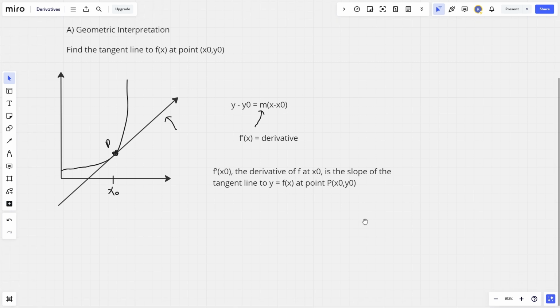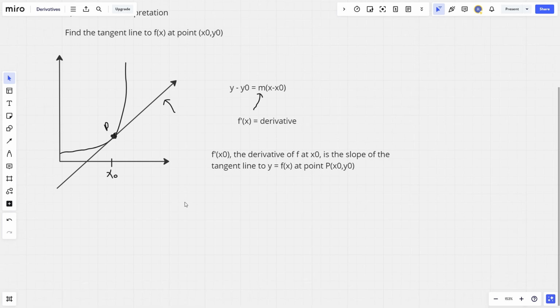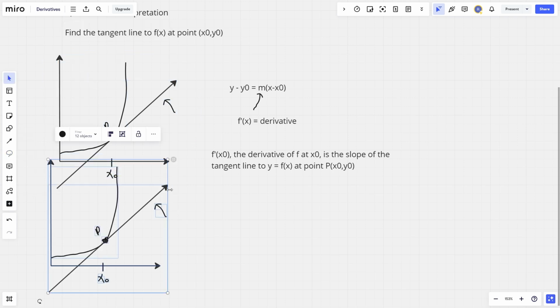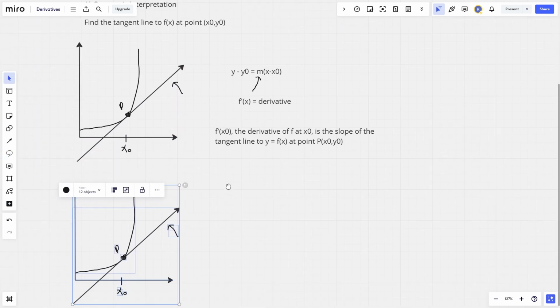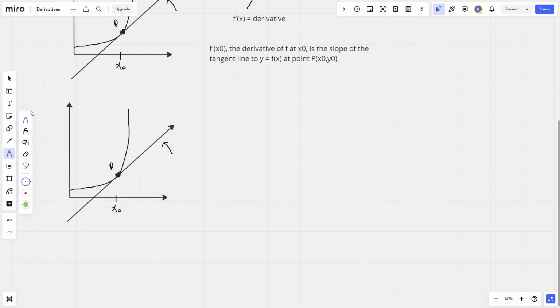So now, imagine, let's redraw this. Let's take this graph again, actually. So let's say I have another point, Q, over here, and I have a secant line that intersects this graph. So it would be like this.